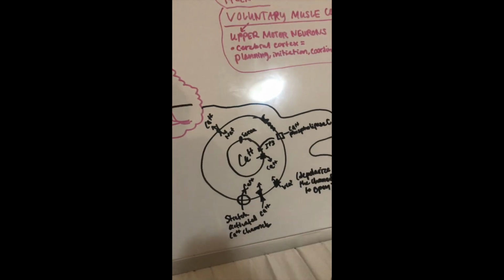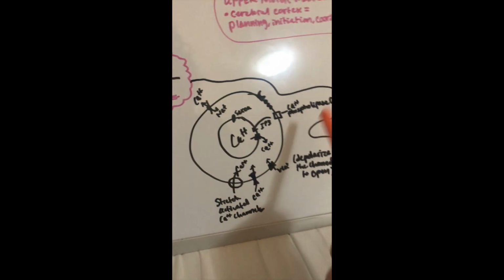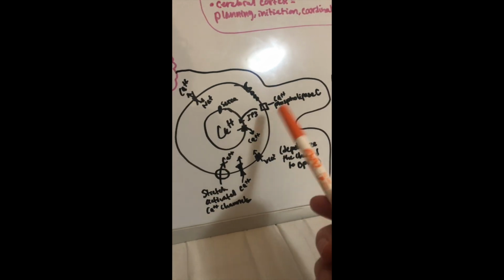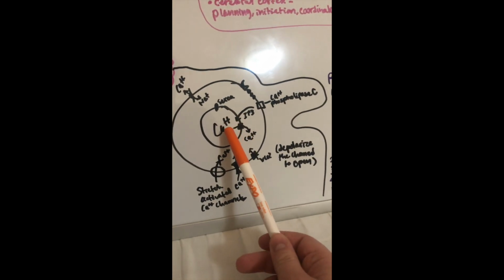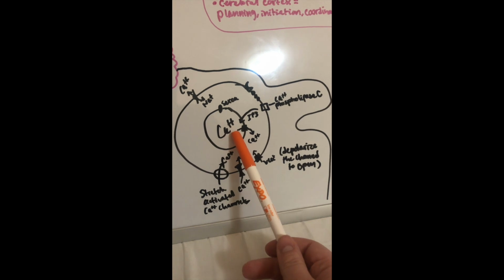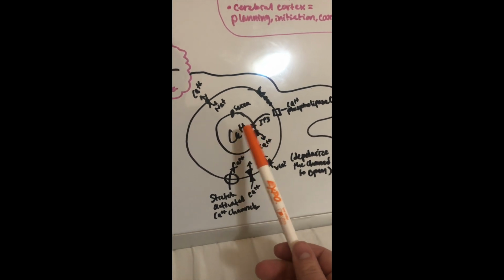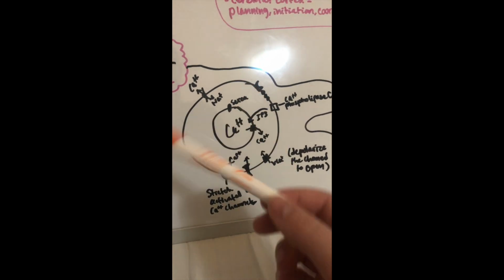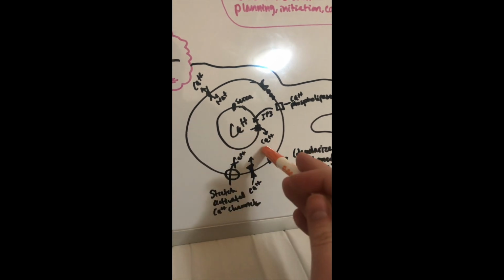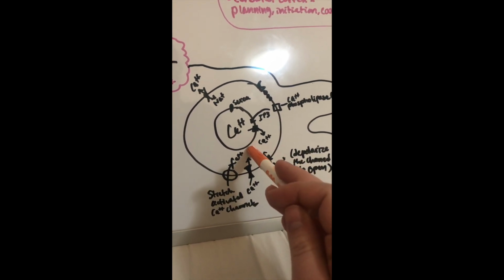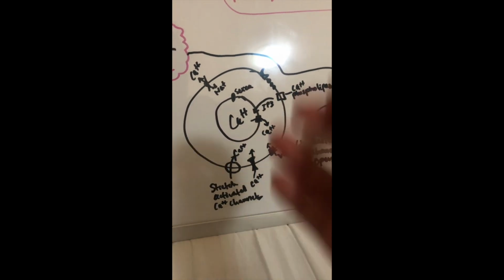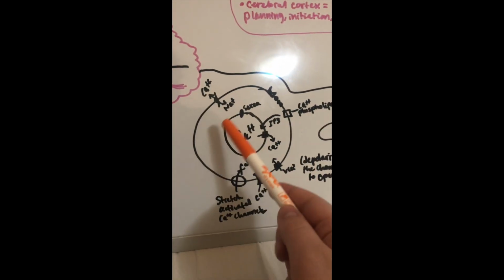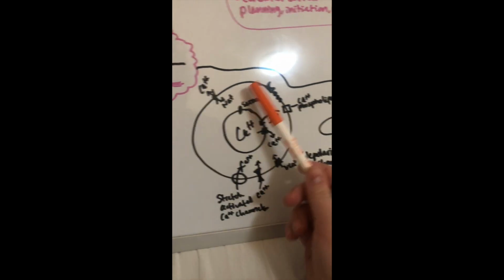Okay, this is a smooth muscle cell. So we're going to talk about a little bit what's going on the inside. So we know that we've got, this is the SR. You know that we've got a bunch of calcium in the SR compared to the inside of the cell. So we have some things that we need to establish first.